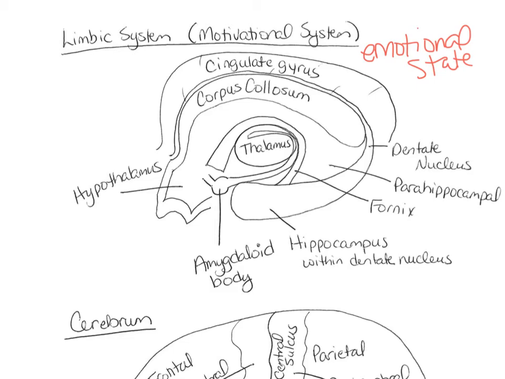But there's a couple of areas that I want you to know about. So first of all, we have this area that's called the hippocampus. The hippocampus is this area down here, and it's the biggest, fattest part of what we call the dentate nucleus. The hippocampus resembles a seahorse.